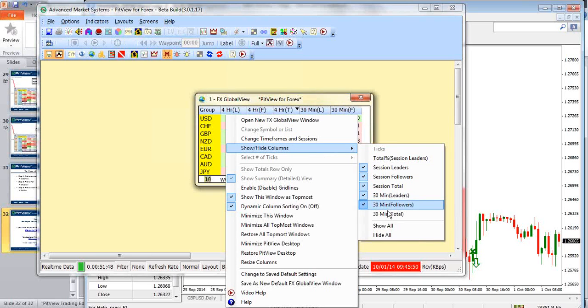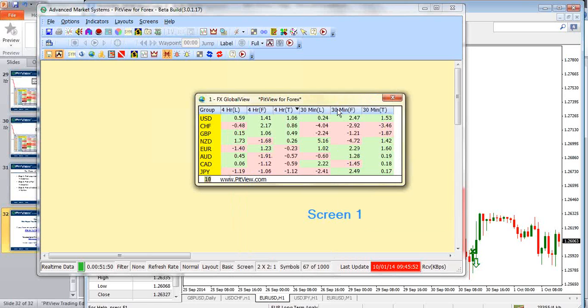Now, if you first open up your PitView, you may see it show up like this. When you bring up Global View, you may see all these multiple time frames on there. I tend to keep things pretty simple, so this is just personal preference, as I know a lot of the more institutional type of traders that we have, professionals, may like to look at more information.